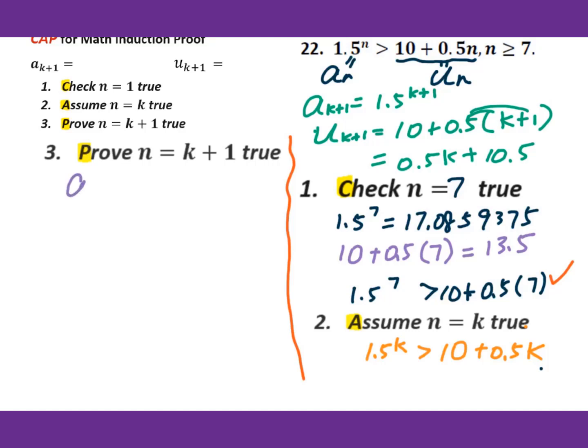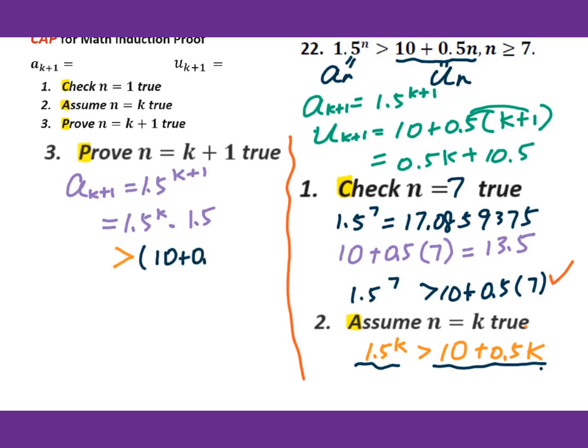Therefore, for a sub k plus 1 equals 1.5 to the k plus 1's power, I can write down 1.5 to the k times 1.5, which means greater than, using this statement, 1.5 to the k greater than 10 plus 0.5k, then multiply by 1.5.